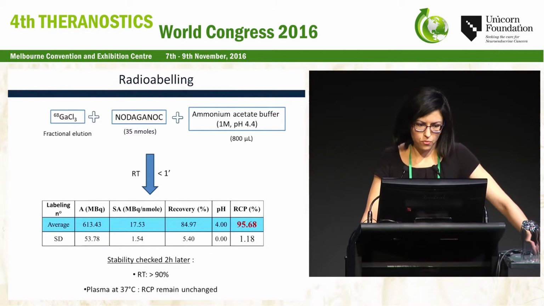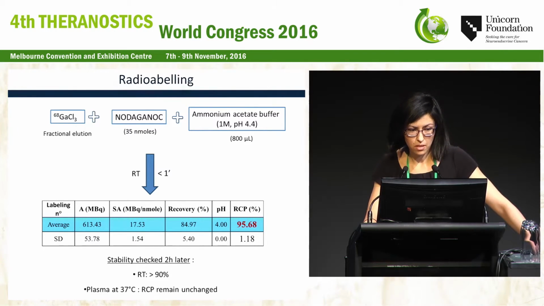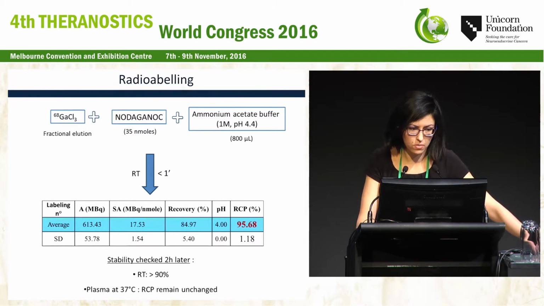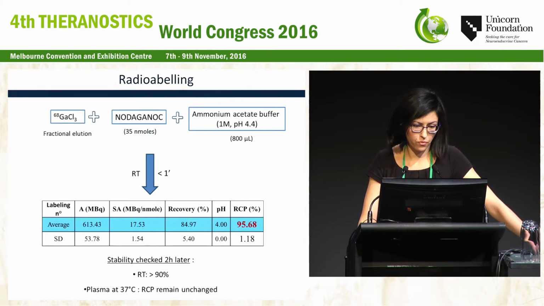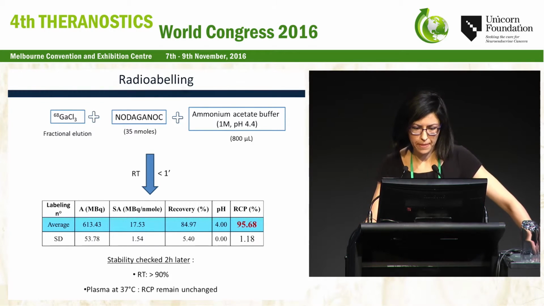The second part of the work is the labeling with two positron emission isotopes, gallium-68 and copper-64. For gallium-68 labeling, we mixed 35 nanomole of NODAGANOC with more than 90% of the available activity in the generator obtained by fractional elution, and 800 microliters of 1 molar ammonium acetate buffer.